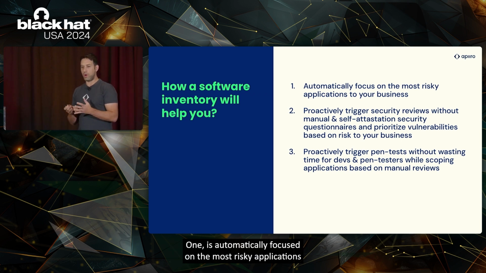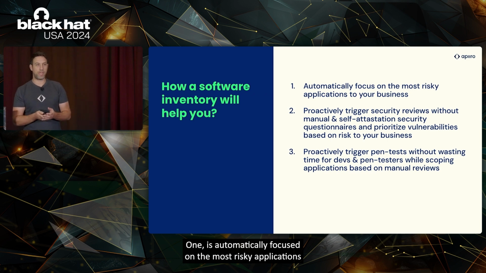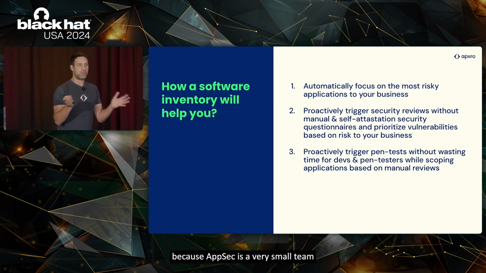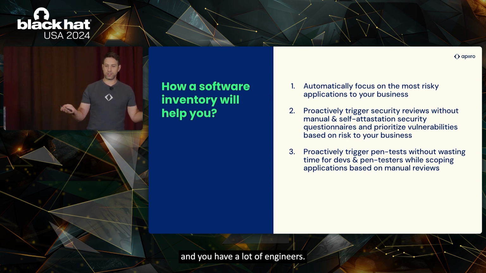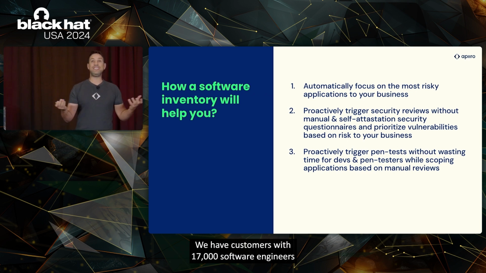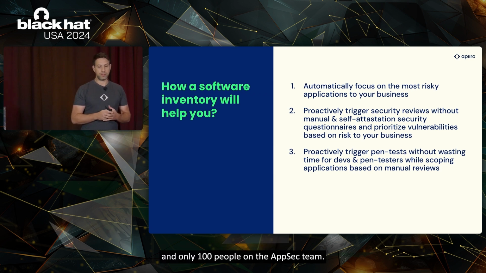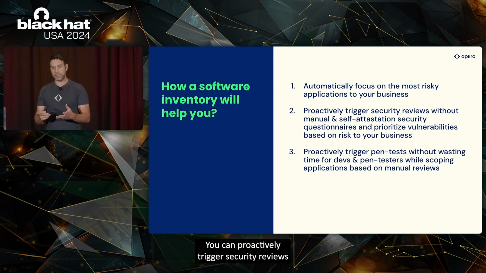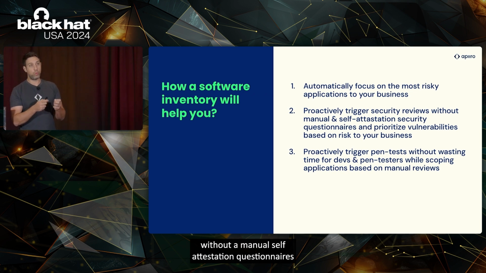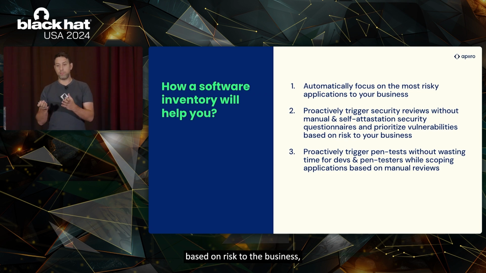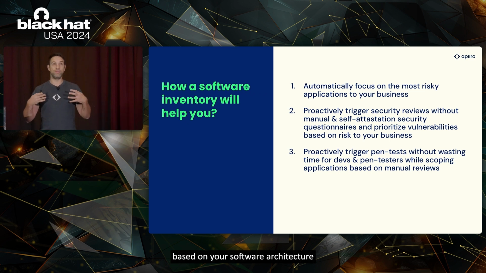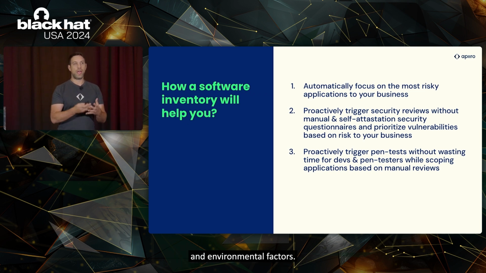One is to automatically focus on the most risky applications, because AppSec is a very small team and you have a lot of engineers. We have customers with 17,000 software engineers and only 100 people on the AppSec team. You can proactively trigger security reviews without the manual self-attestation questionnaires and prioritize vulnerabilities based on risk to the business, based on your software architecture and environmental factors.